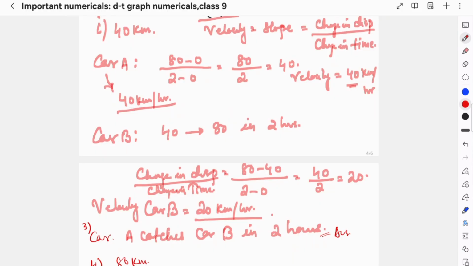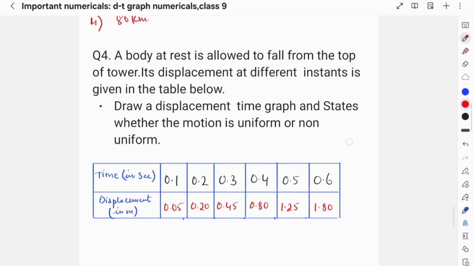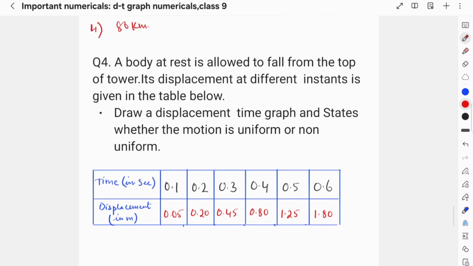Now let's come to the last question. The last question says a body at rest is allowed to fall from the top of a tower. Its displacement at different instants is given in the table below. So draw a displacement time graph and state whether the motion is uniform or non-uniform.